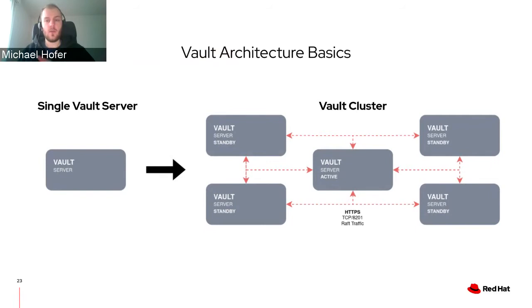They will take care of replicating the configurations, the secrets, the storage, and all the changes. In case of an issue, they have a so-called leader election through the Raft consensus algorithm to make sure another Vault server takes over and becomes the new active node.